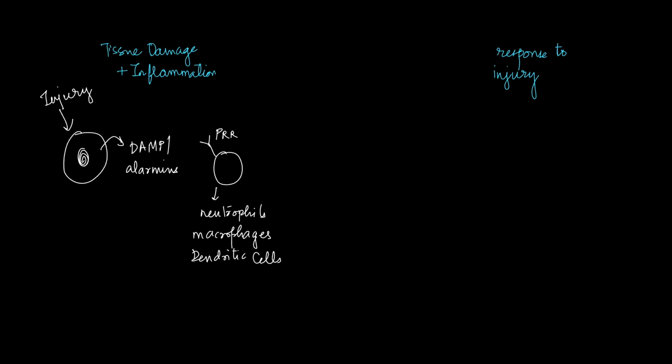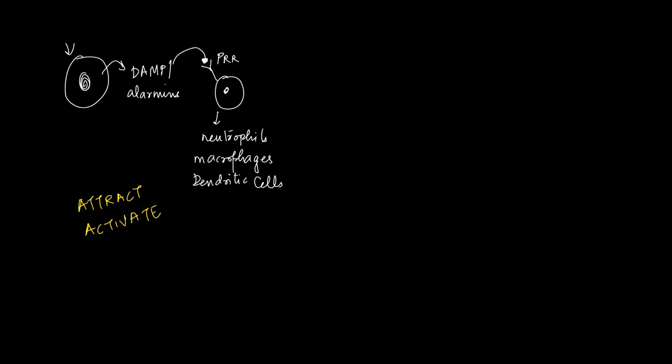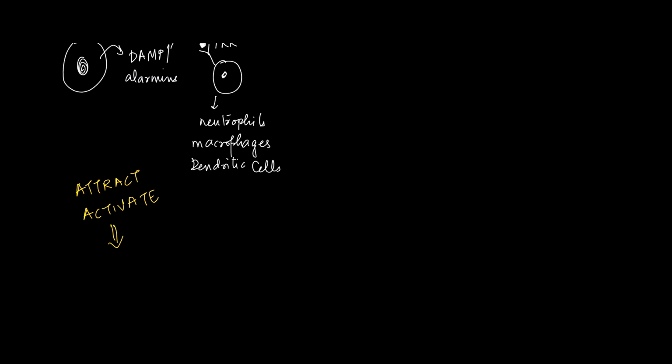So once the pattern recognition receptor on the neutrophils, macrophages, or dendritic cells gets activated by these DAMPs, they attract further cells and activate these innate immune cells, and this activation has two responses. One is the intracellular inflammasome formation.